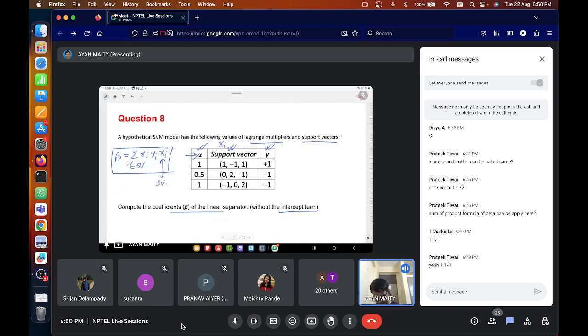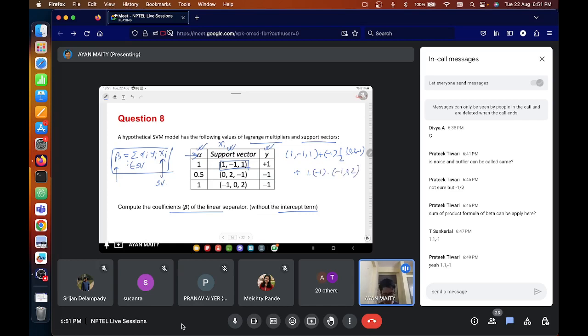Now if you use this formula, obviously the support vector points are vectors of length 3, so that's why beta would also be a sum of 3 vectors in this space. So beta would also be a vector of length 3. If you compute this, first we get 1 minus 1 1, plus for the second we get minus 1 into half into 0 2 minus 1, plus 1 into minus 1 into minus 1 0 2.